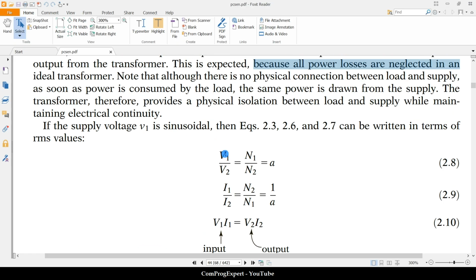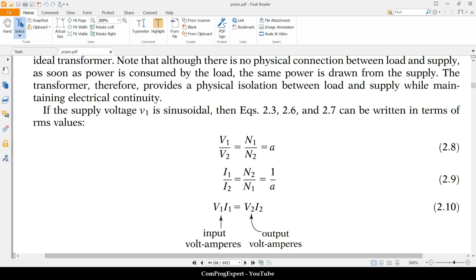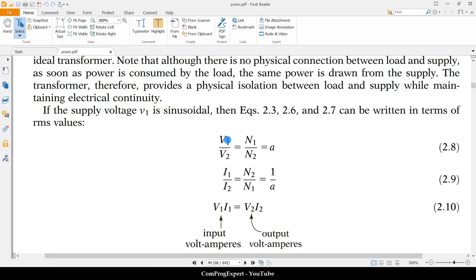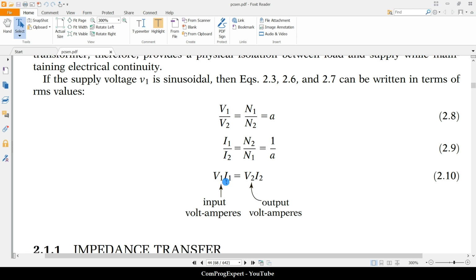Also, we use the lower case letters to consider time functions, for example v as a function of time. And if you use capital letters, the RMS values or amplitudes of these phasor quantities, we have this equation: input volt amperes is equal to the output volt amperes. This is just a review.